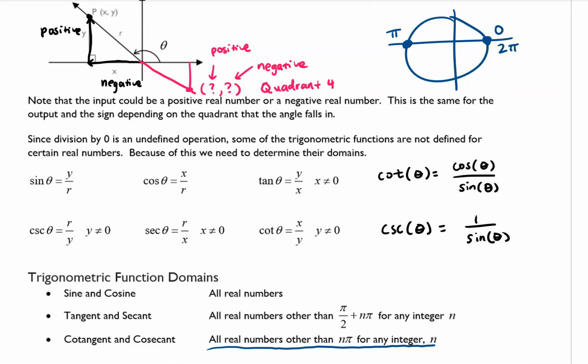So basically, integer multiples of pi are excluded from our domain, so pi, 2 pi, 3 pi, 4 pi, and I could go in the other direction, negative pi, negative 2 pi. These are all excluded from our domain, but everything else is fair game. So that concludes talking about the domain of each of the 6 trigonometric functions.